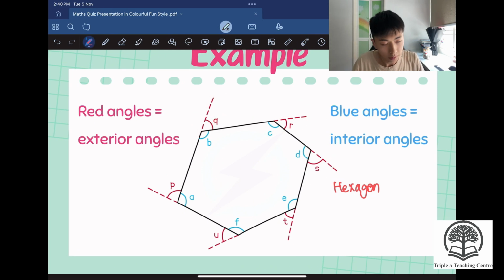According to our formula just now, we simply take the number of sides of a hexagon, which is 6, minus 2 and times 180 degrees. That way we know that the sum of all interior angles in a hexagon is 720 degrees. Hopefully you understood what I meant just now.